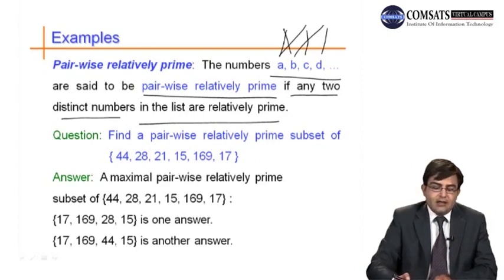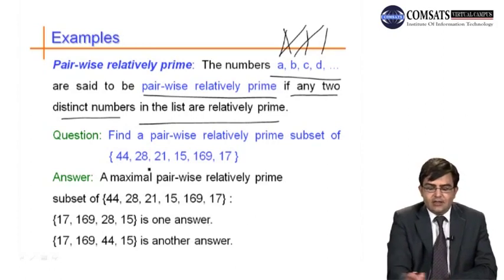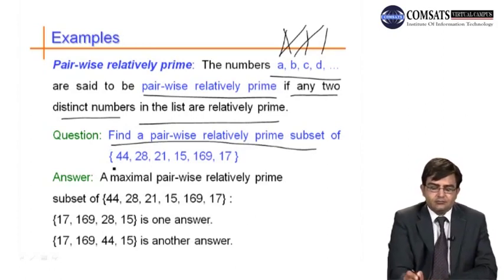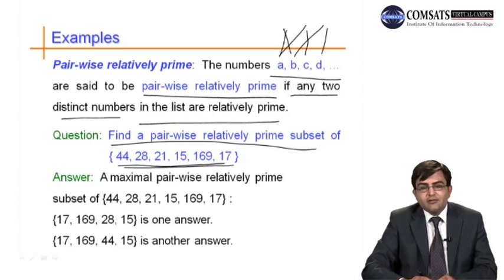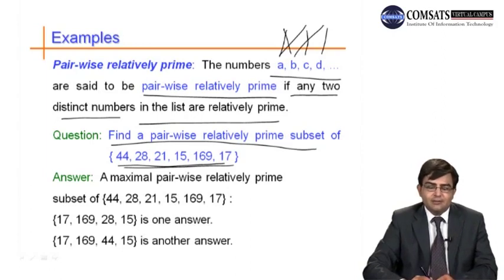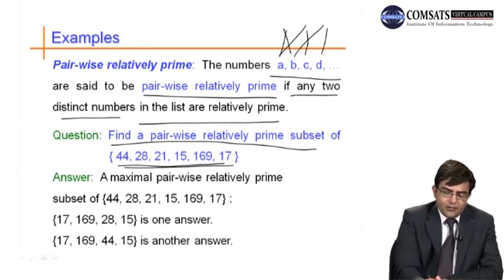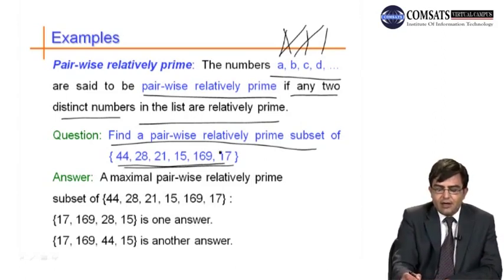For example, if we take this set, and we have to write a subset of this set in which we have pairwise relatively prime numbers, meaning if we take any two numbers in that subset, those two numbers must be relatively prime. So here we start with prime numbers.